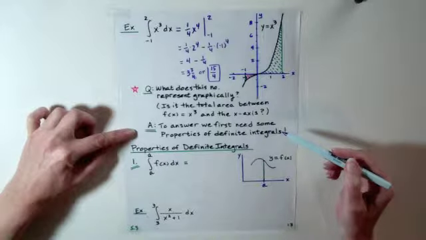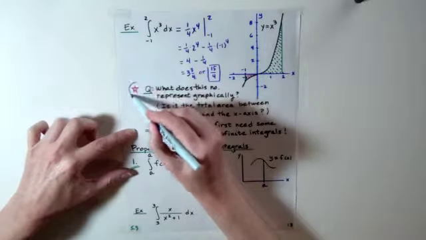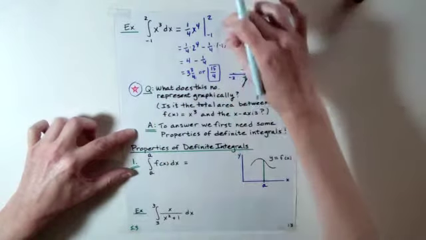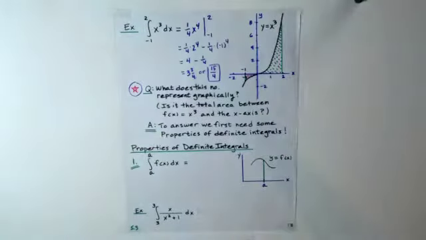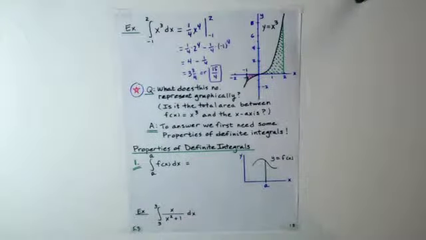It just says to answer this, we first need some properties of definite integrals. So we're going to come back to this starred question, both for this example and for functions little f of x in general. But first we need a few properties of definite integrals. So we'll come back to this starred answer very shortly.